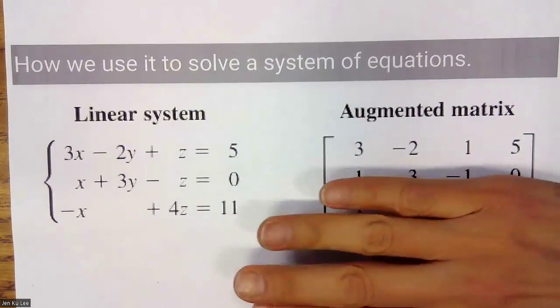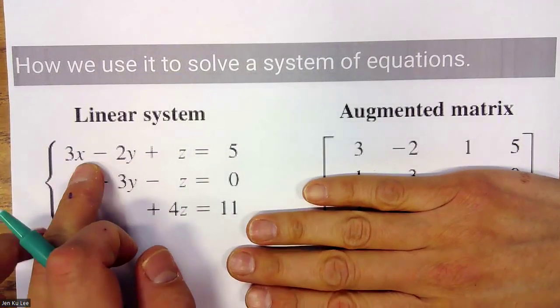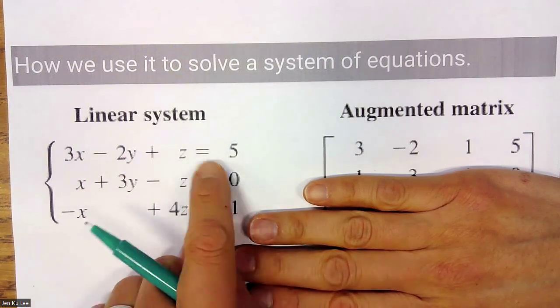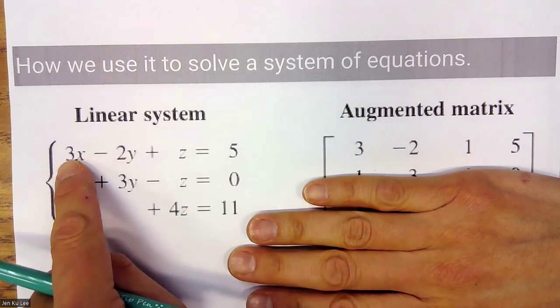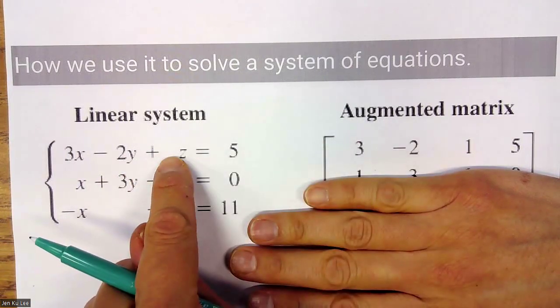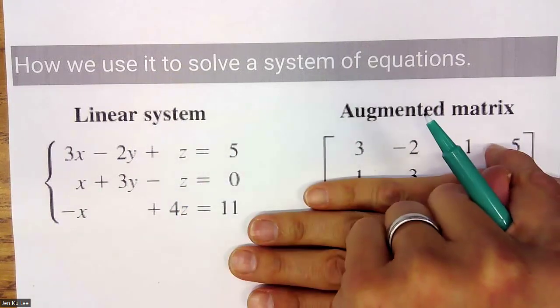Look at that first equation, or first row: 3x minus 2y plus 1z equals 5. So 3, negative 2, the coefficient of z is 1, and 5.